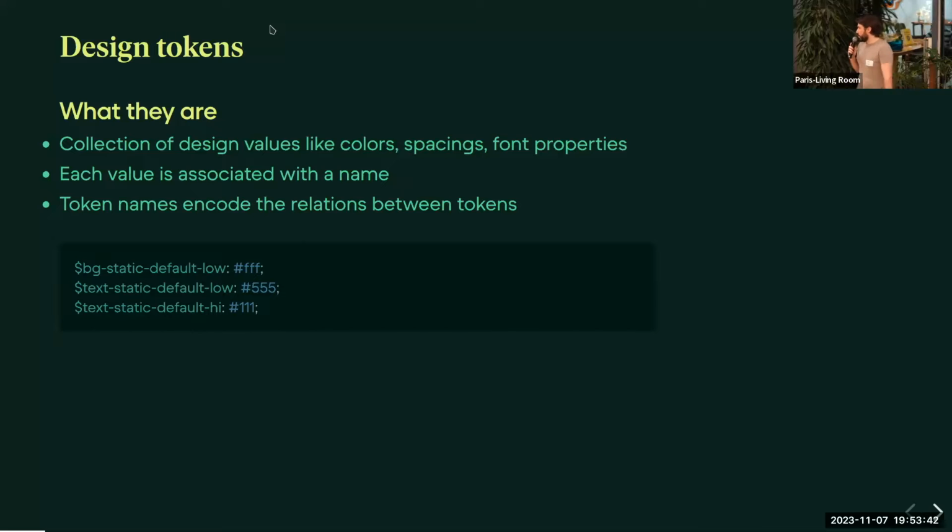So for instance, we have a static background and we have a static text that goes with it. And in the name, you can see that there's an implicit relation between them. If you look at the third line here, you can see as well that we have low and high tokens. So we have a hierarchy that's created, and this is also an implicit relation between tokens.